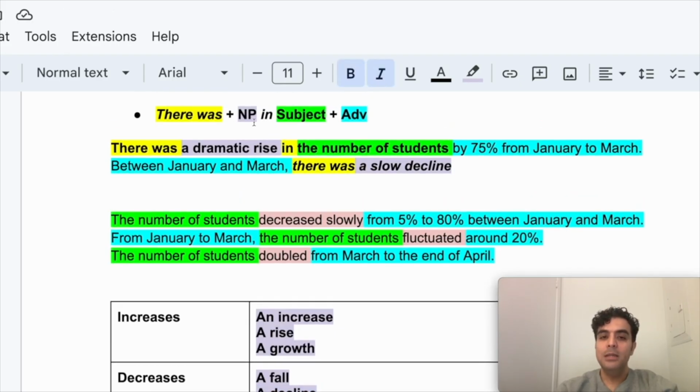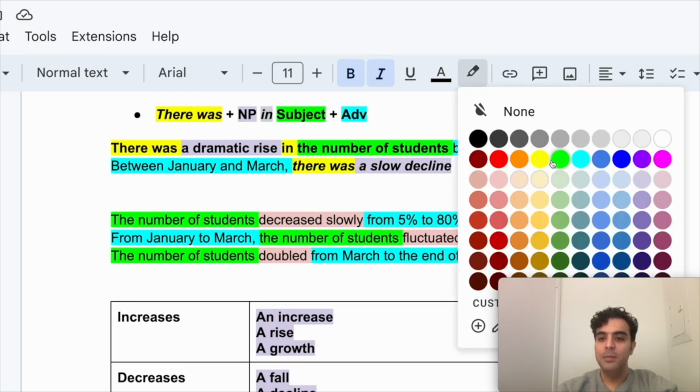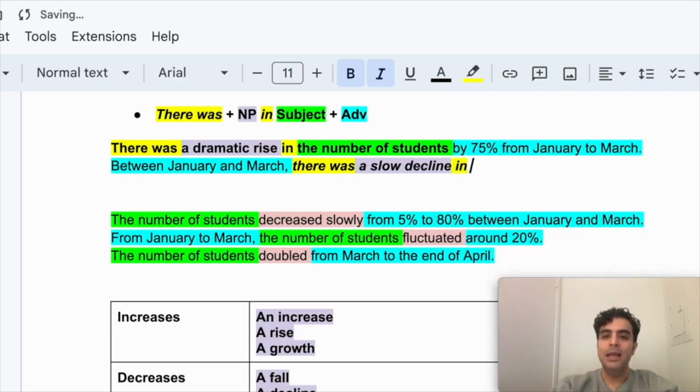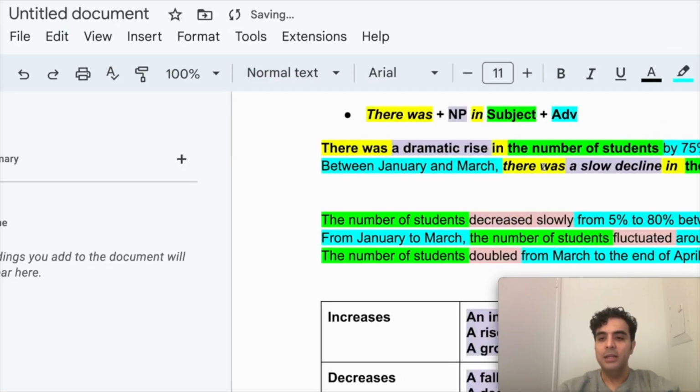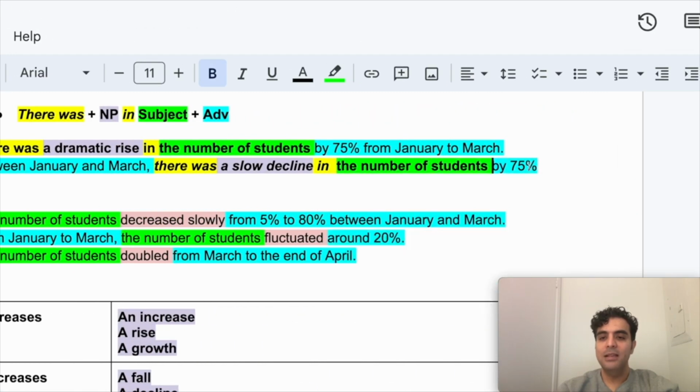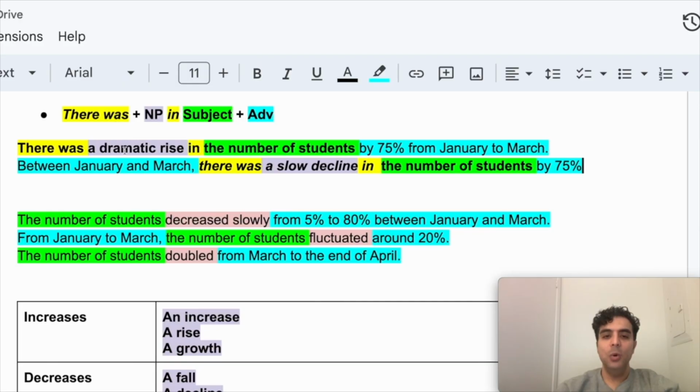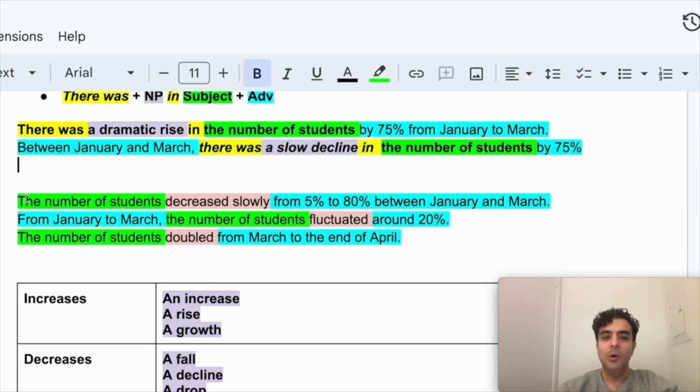And then what do I need to say? I need to say in something. So here, I'm going to say there was a slow decline in, and then the subject will be repeated. And at the end, I'm going to add the adverb for quantity. So let's read the sentence. Let's see if this makes sense. Between January and March, there was a slow decline in the number of students by 75%. Sounds good, right?